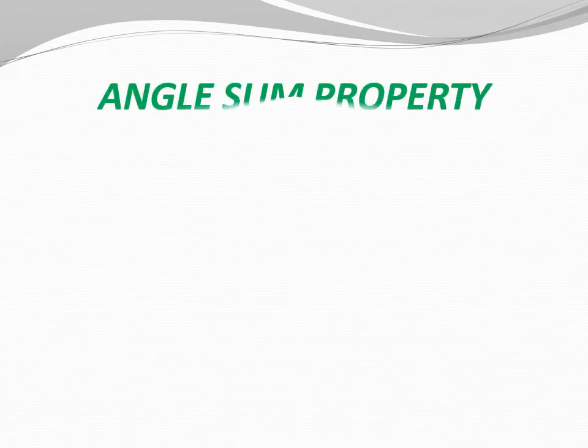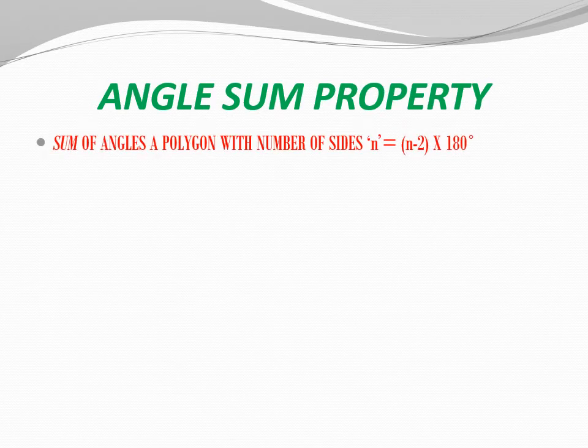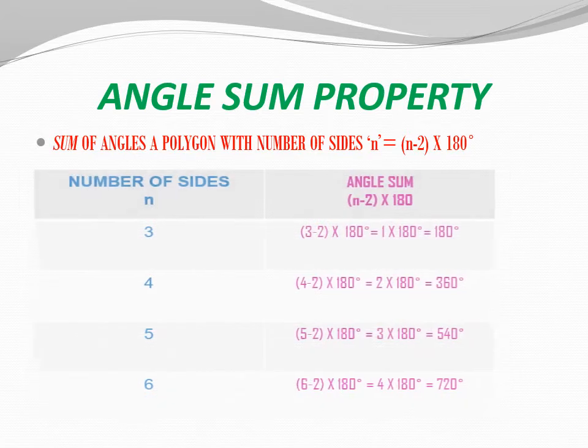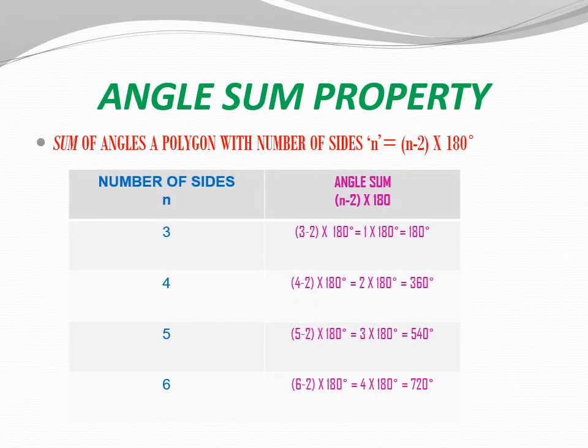Angle sum property of a polygon. The sum of angles of a polygon with number of sides n can be expressed as (n minus 2) into 180, where n is the number of sides. As we know, for n equal to 3, a polygon is said to be a triangle.